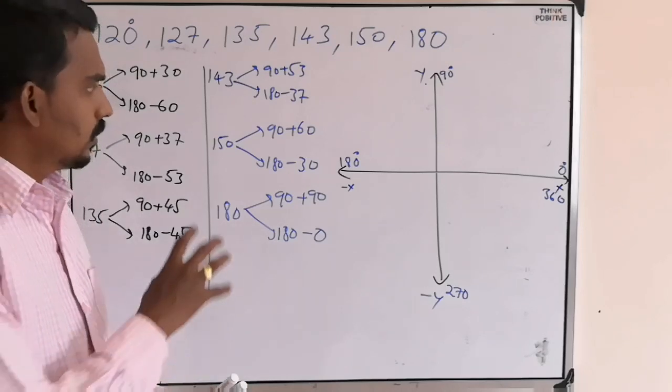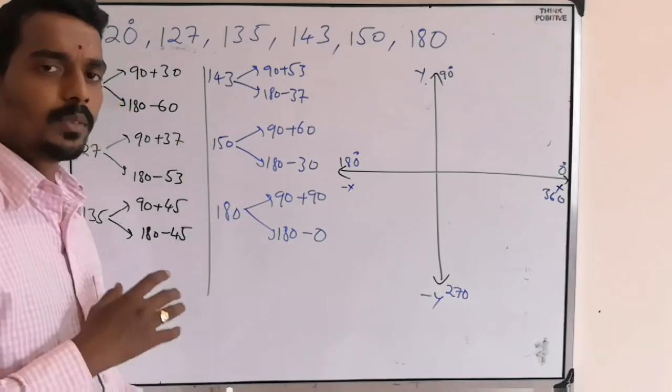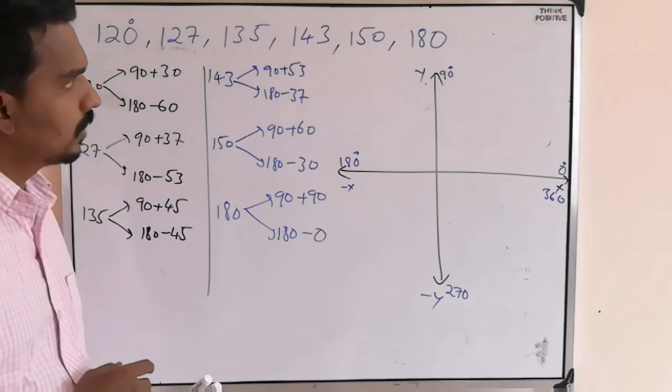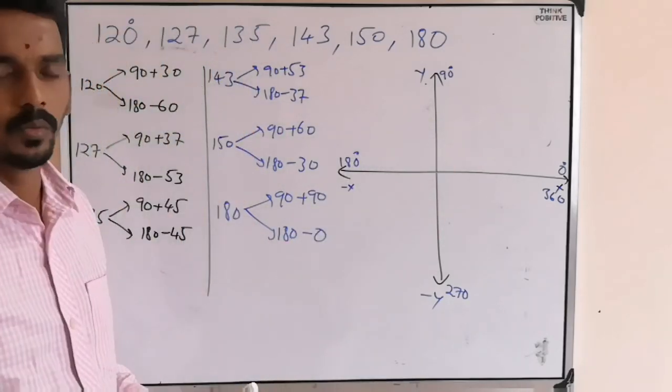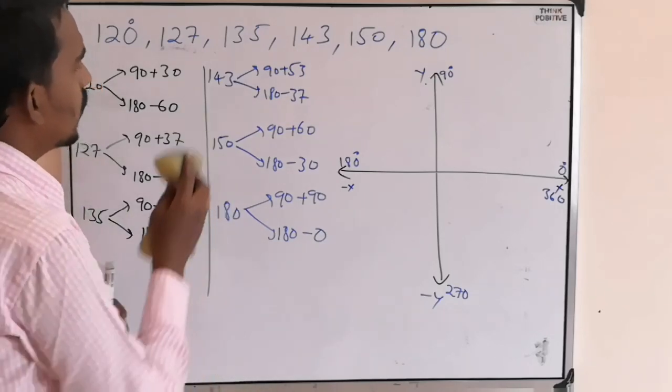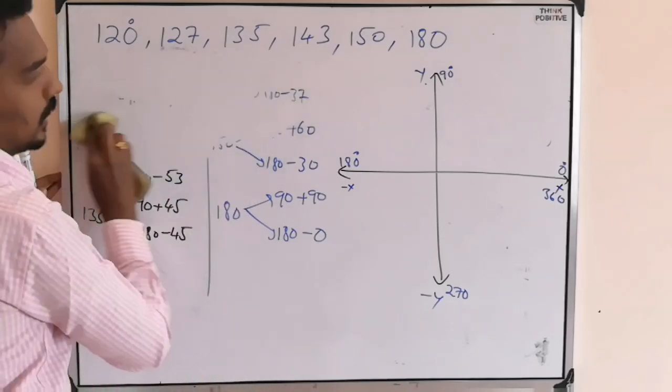Now, what we have to do is use a particular rule to find this. What is that? See, I will take a fun example.